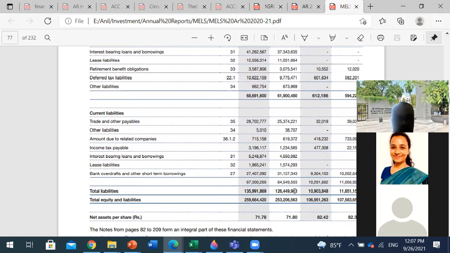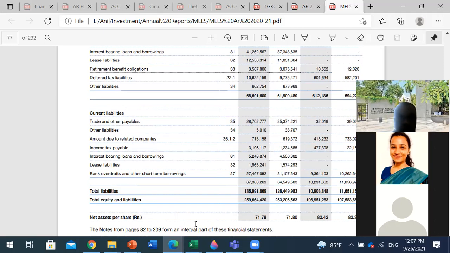Then finally, the last item, bank overdraft and other short-term borrowings. Of course, this money bears interest and you need to pay interest. Therefore, they are financial liabilities. That's how it has been rearranged.